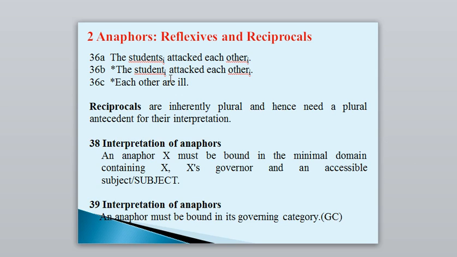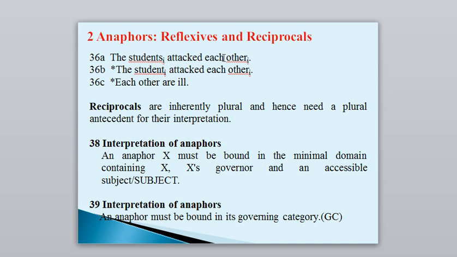So about the last part of the anaphors, principle A of binding theory, which talks about anaphors, is that anaphors can consist of two kinds of pronouns: reflexive pronouns like himself, herself, and reciprocals like the pronoun each other. Look at this example: The students attacked each other.